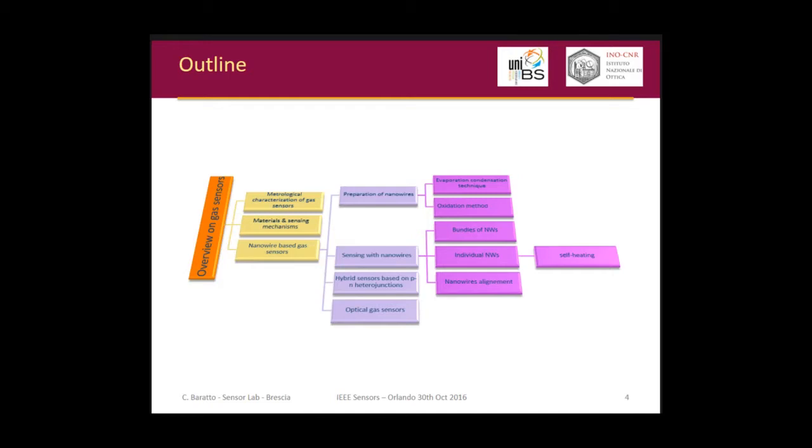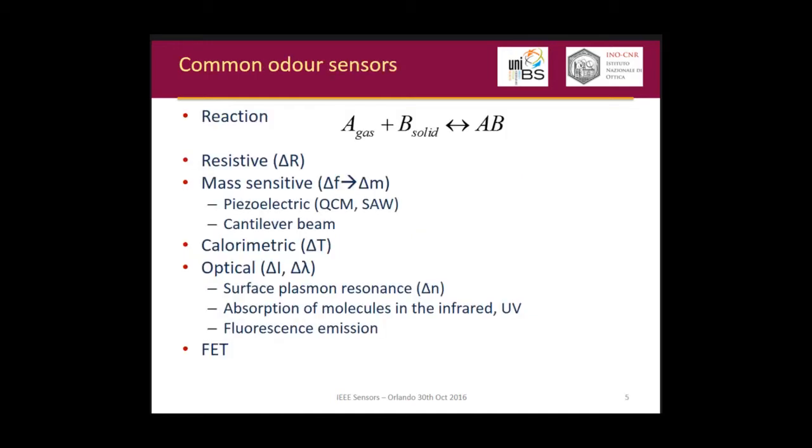And then I have a division about the preparation of nanowires, only the ones we do in our lab, and then something about sensing with nanowires. I will try to explain what is the convenience in using bundles of nanowires, in using single nanowires, and in using alignment, self-heating, and so on. And at the end, I will put two examples of the use of heterojunction gas sensors based on nanowires and optical gas sensors.